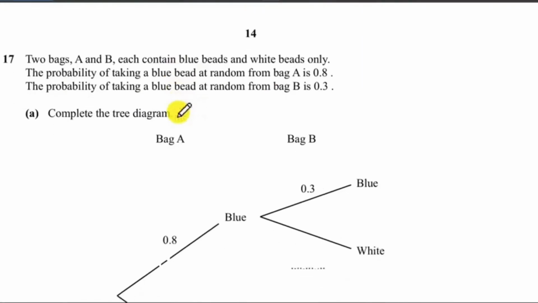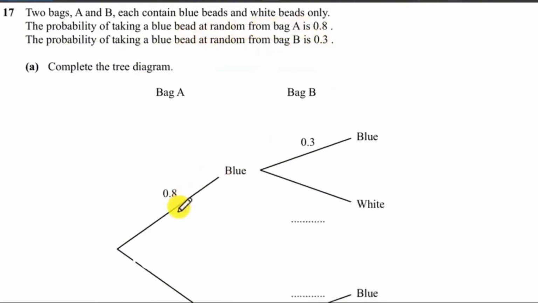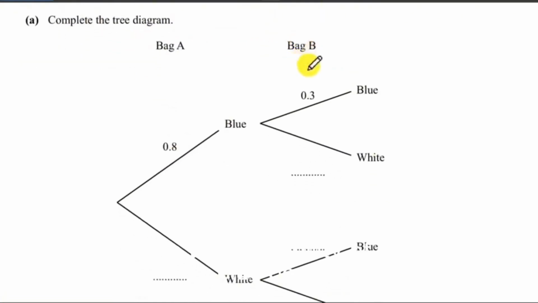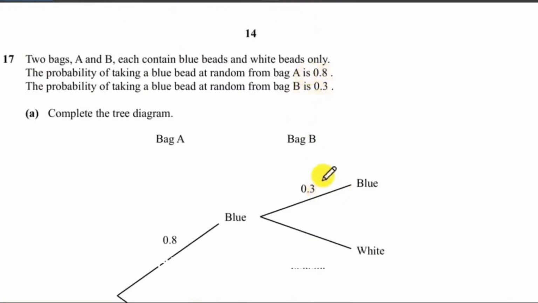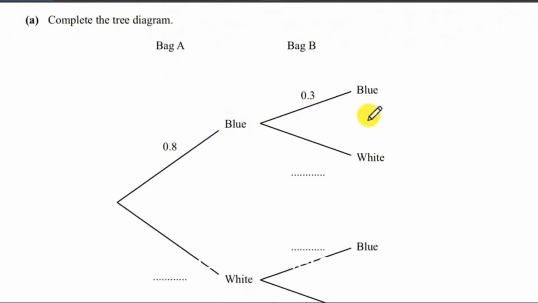Question 17. 2 bags A and B each contain blue beads and white beads only. The probability of taking a blue bead at random from bag A is 0.8, given here. The probability of taking a blue bead at random from bag B is 0.3, which is given here as well. Complete the tree diagram.